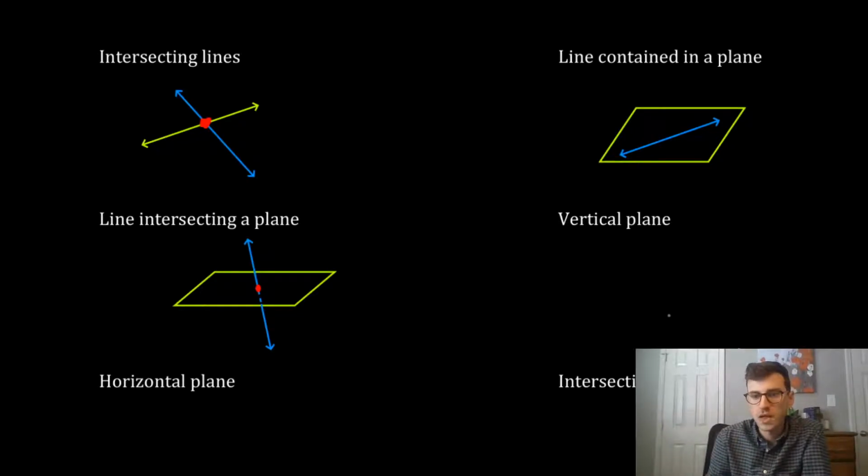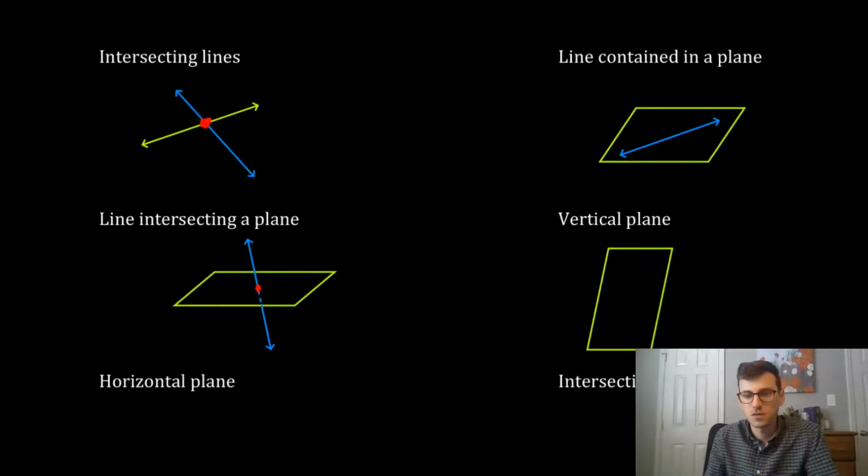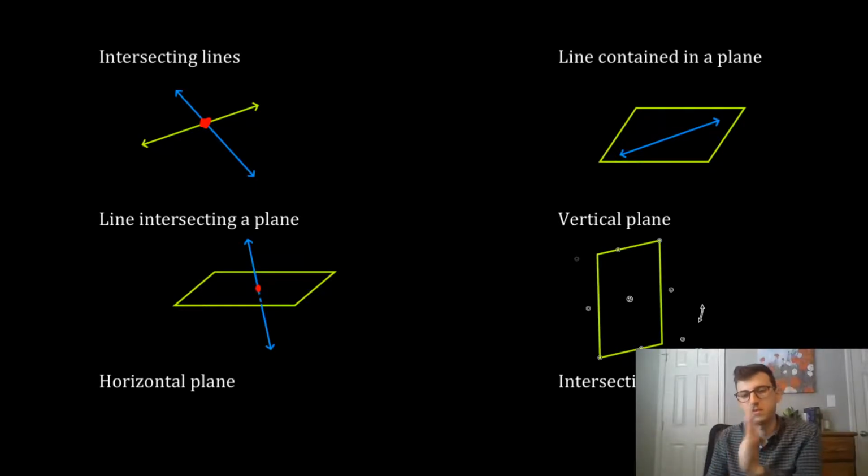Okay, a vertical plane is a lot like a horizontal plane, except it's vertical. I think about it like one flap of a book, if you were to flap it open. So that's a vertical plane.